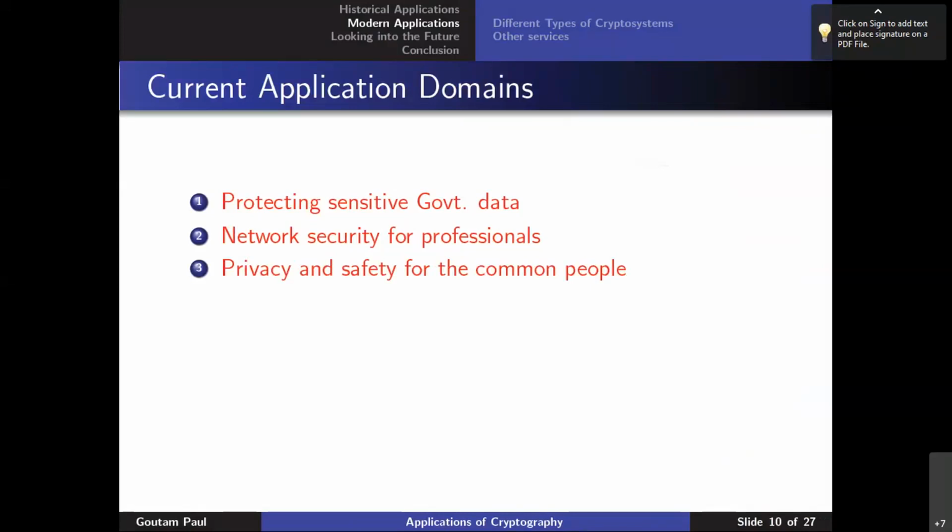So we may think that common people do not need cryptography. No, nowadays, common people definitely need cryptography in their day-to-day life. Imagine a person walking into an ATM and inserting the debit card into the ATM machine, right, and trying to extract some money.